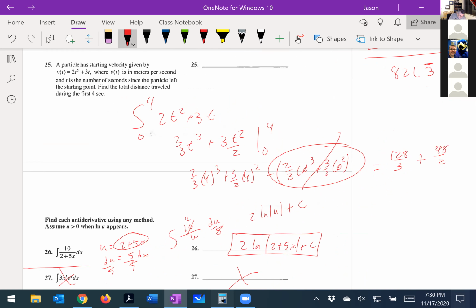So whatever 128 over 3 plus 24 is, 66.6 repeated. So I would just say 66.7, because if you have another 6 there, it's going to round that to 7. Okay, and then you make sure you have your meters there. Okay, it's in meters.